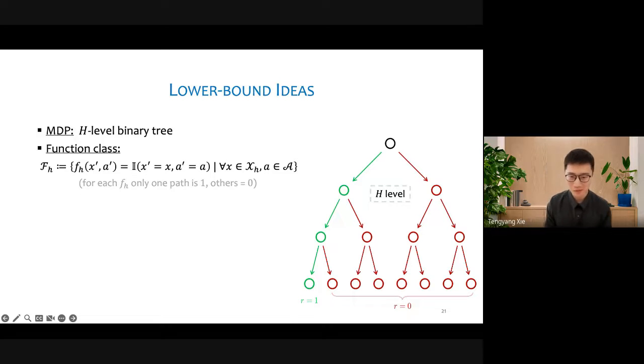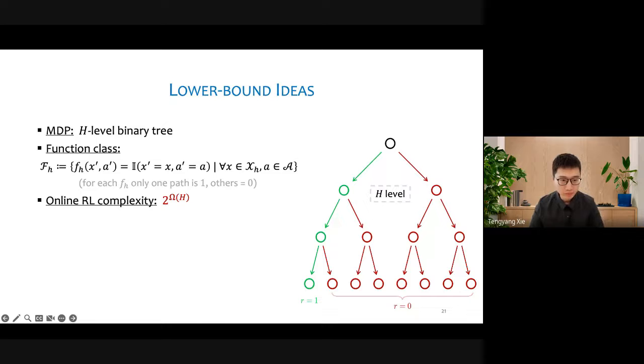Oh, and also, by the way, I forgot: in this tree, only one path has reward 1, and all the other paths have reward 0. And it's easy to show that in this case, for any online RL algorithm, the complexity will be exponential in h. That is because we don't have any info on which path is good and which is bad, so we essentially need to try all of them, okay?